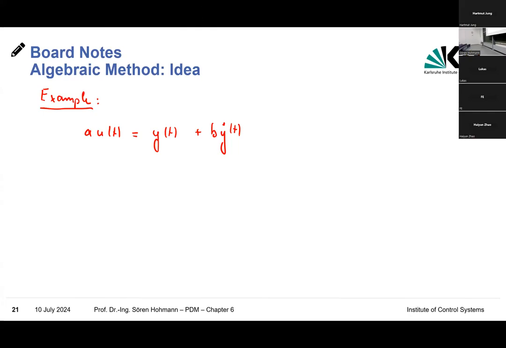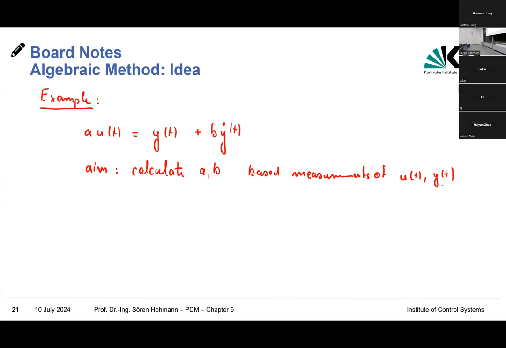It's a continuous time system, and our aim is to calculate A and B based on measurements of u(t) and y(t).